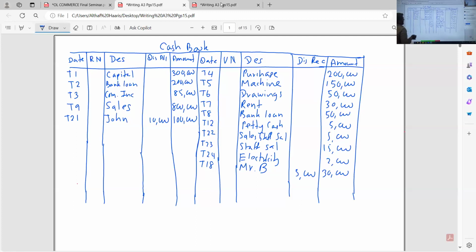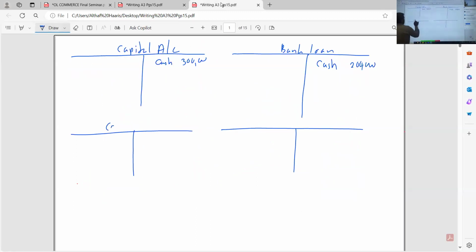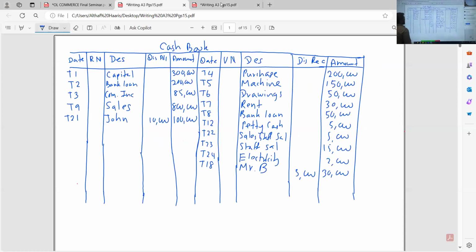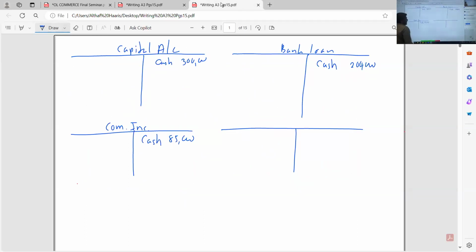Then you have the commission income. Here debit commission income account, commission income credit 85,000. Cash, done. Sales 800,000. Sales account 800,000.